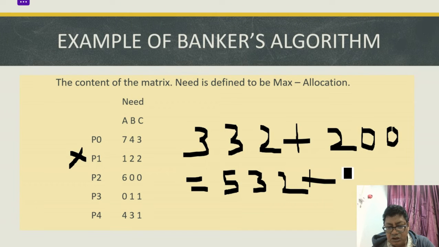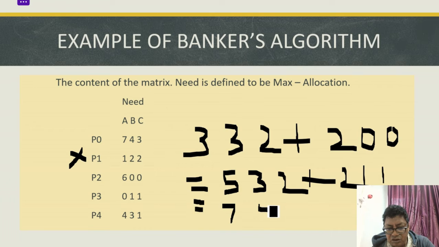So the new condition is plus 211, and what is our available? It is 743. Clear?